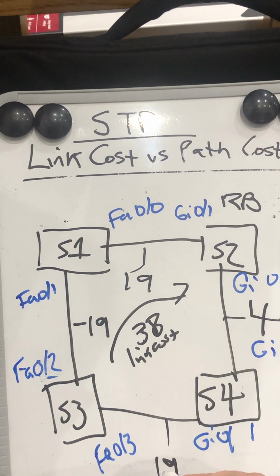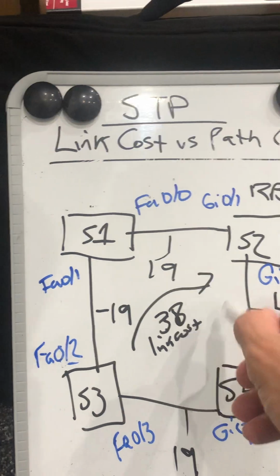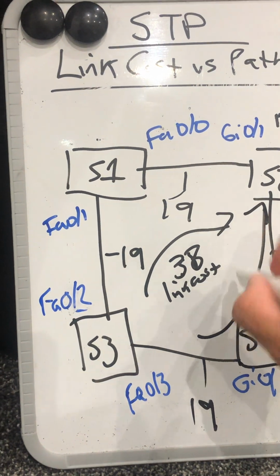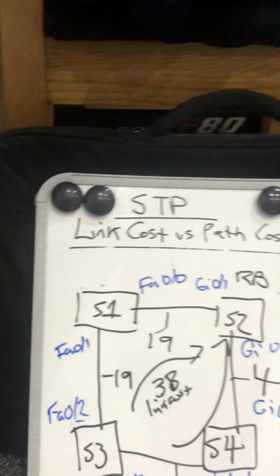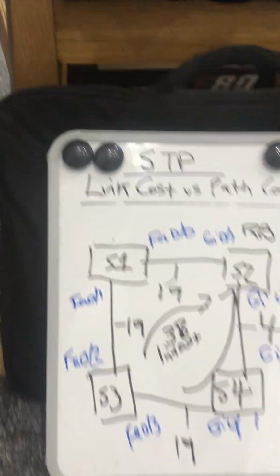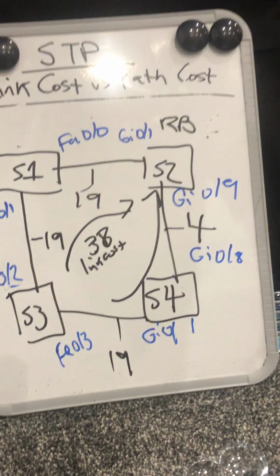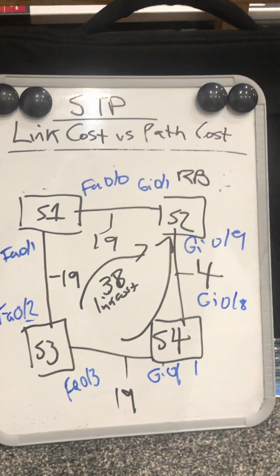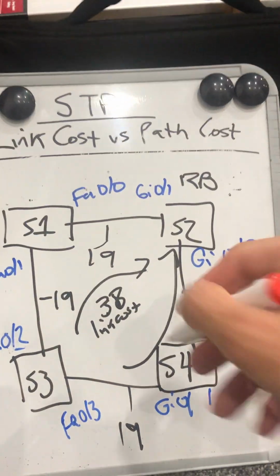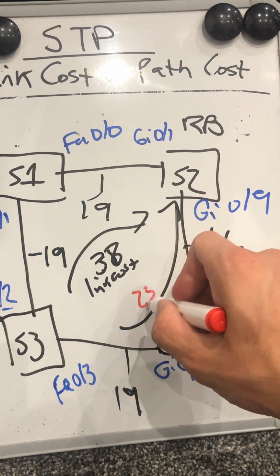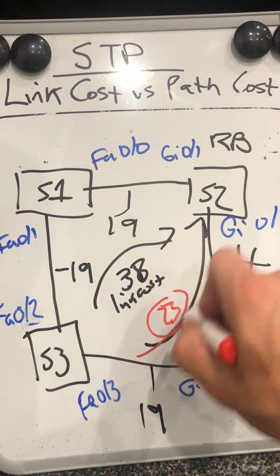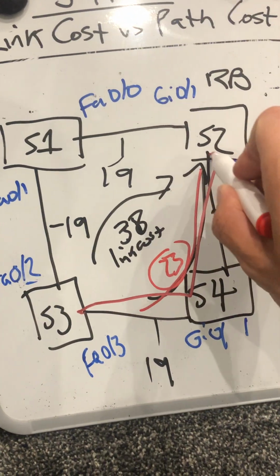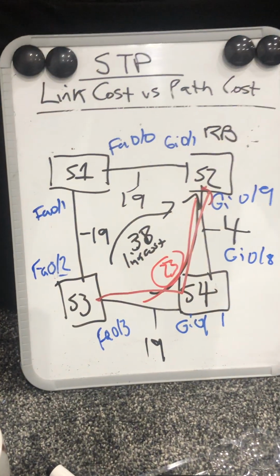So now we've got 19 and 4, which is 23. So in this case, the second path has a better path cost, and because of that, this way will win. So we will go from S3 to S4 to S2. That's how we would do it in this case.